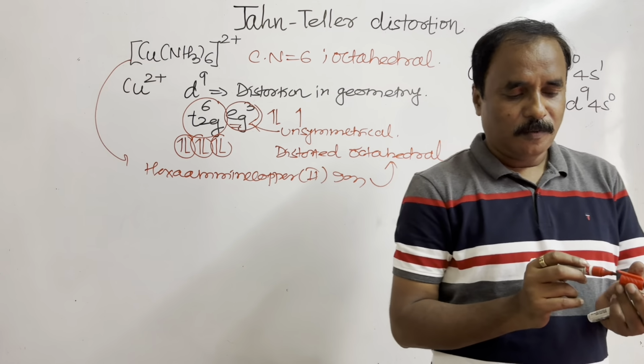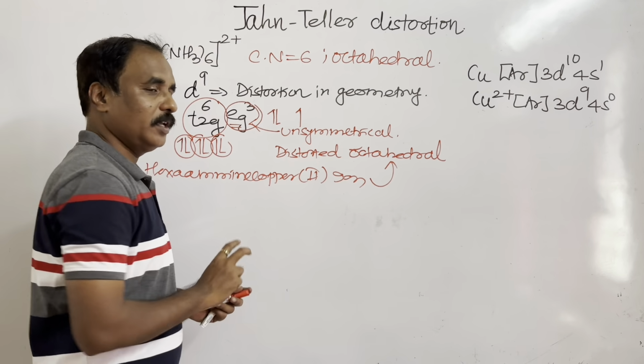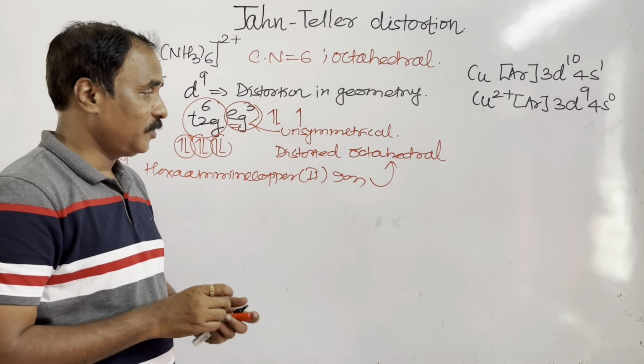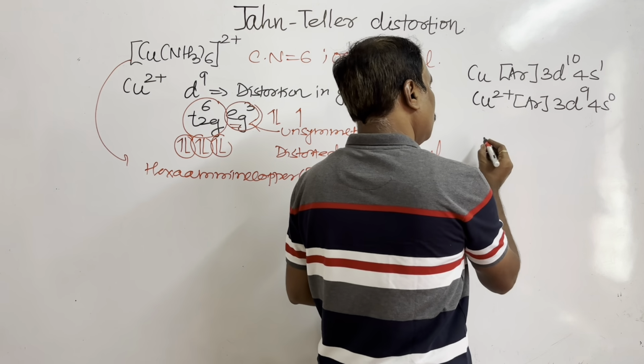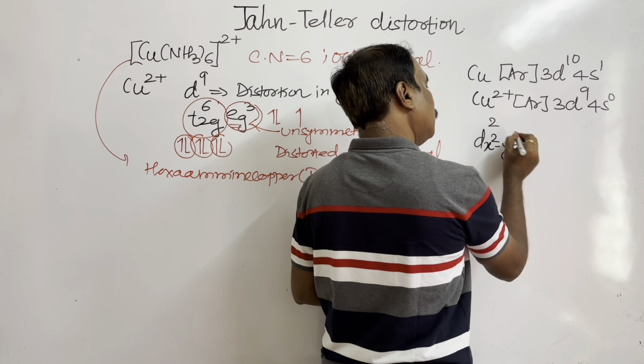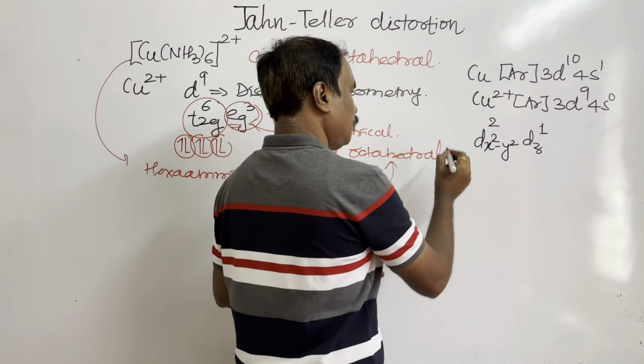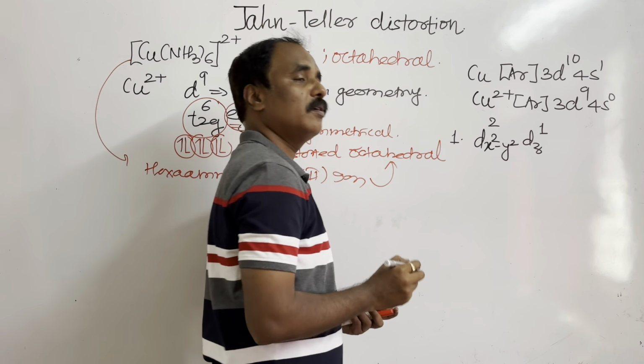Now, unsymmetrical electronic configuration in eg. Here there are two possibilities. For example, when the unpaired electron is present in dz square, this is one possibility. This is case number one.